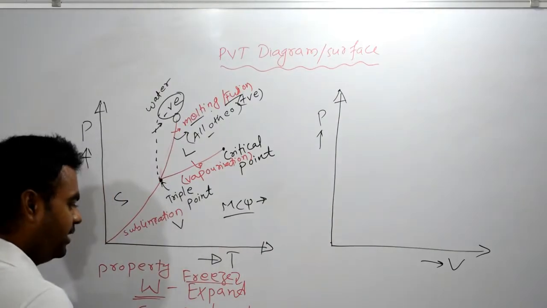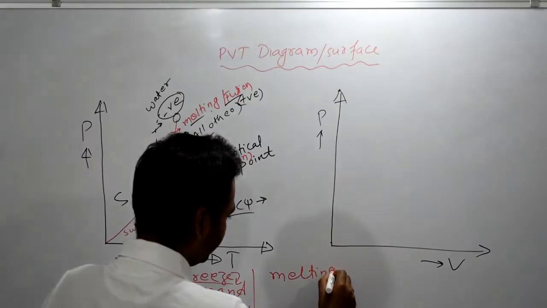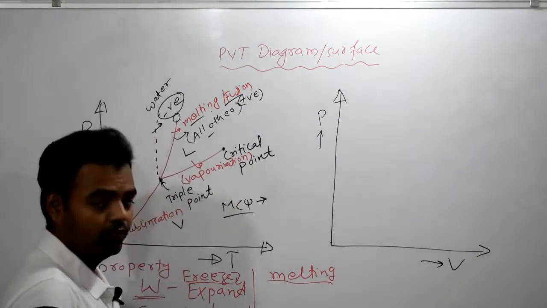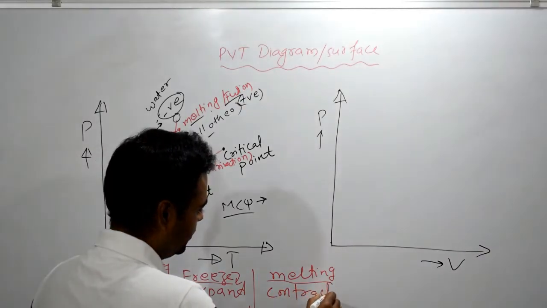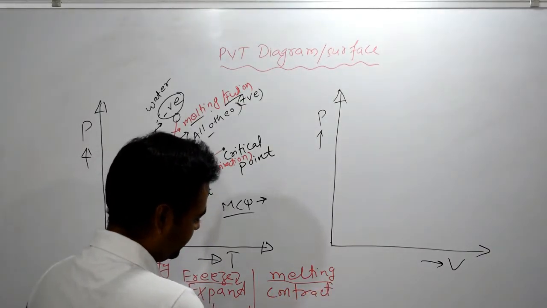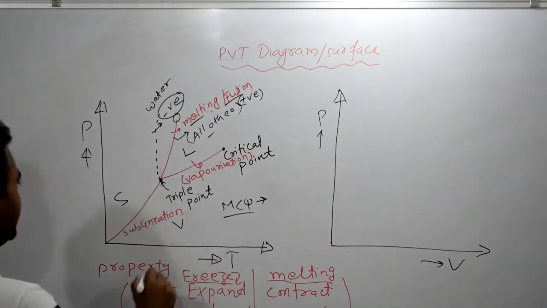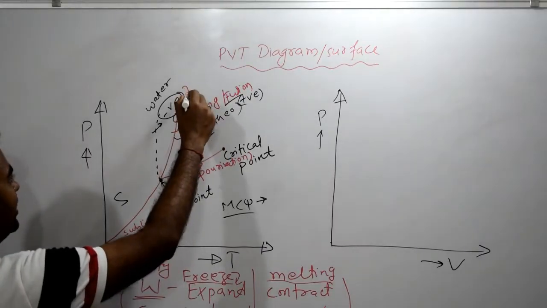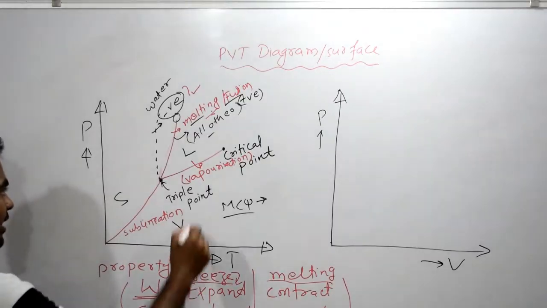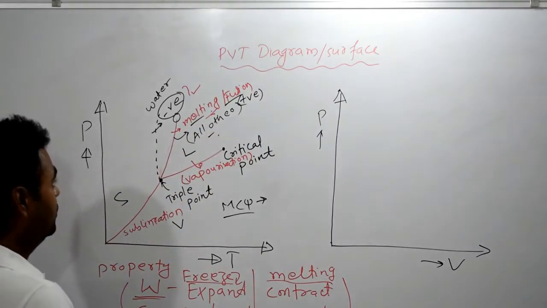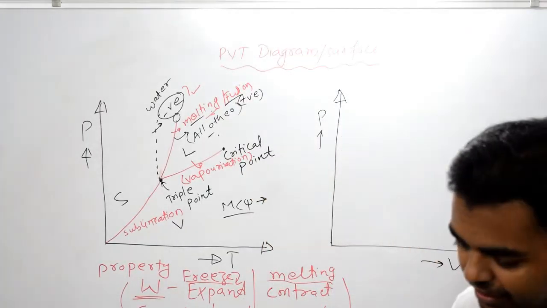But whenever we are melting, it is the opposite. Because of this property, for water we get a negative slope in case of melting or fusion, and for other substances we get a positive slope. I hope you got my point, right?